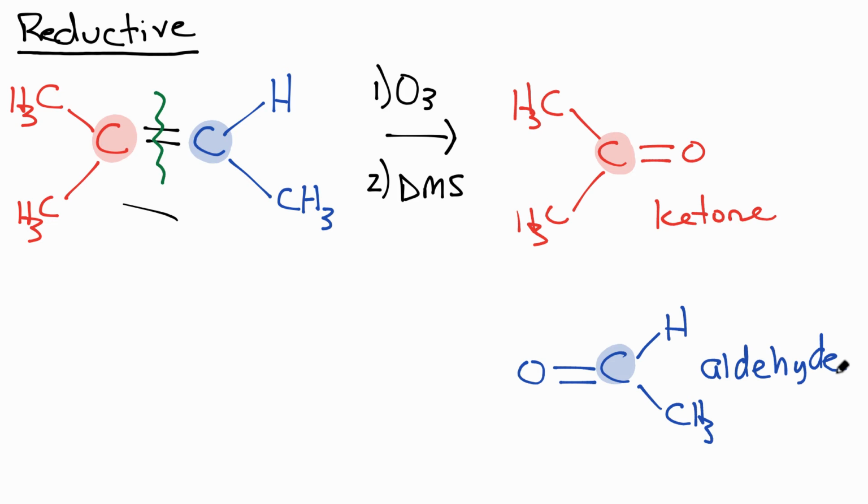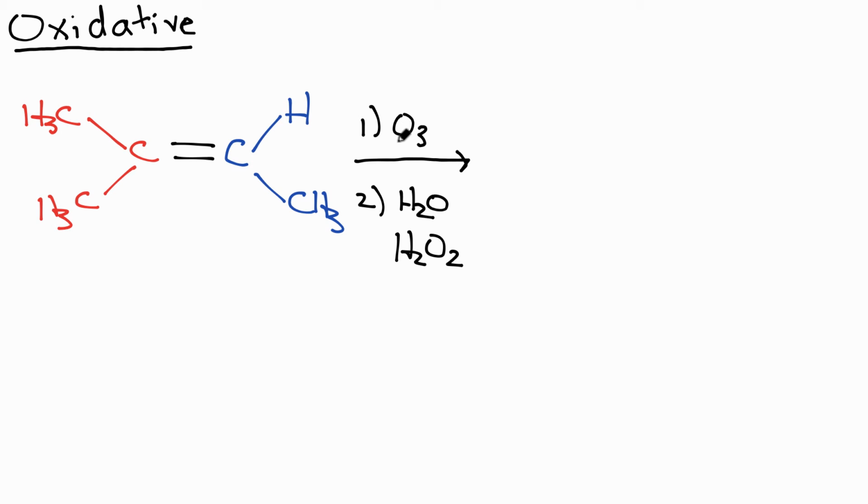Now we also have the option of an oxidative second step. And we'll look at the same starting alkene, but now we'll use ozone, and for the oxidative workup, water and hydrogen peroxide. We're going to track these carbons of the alkene the same way.